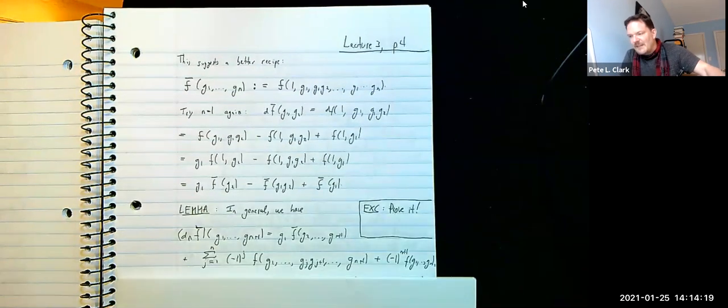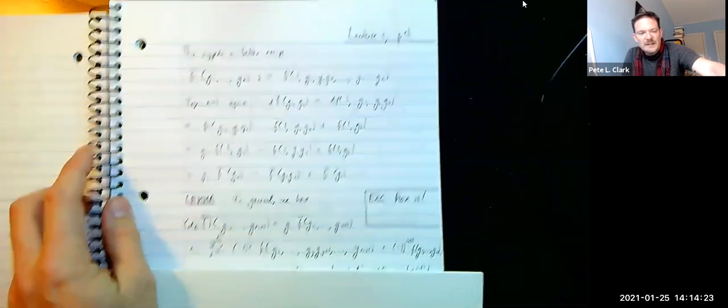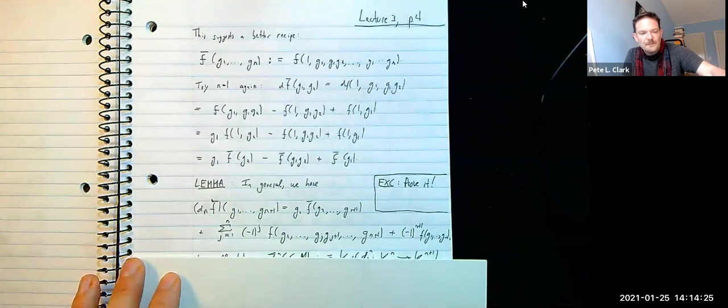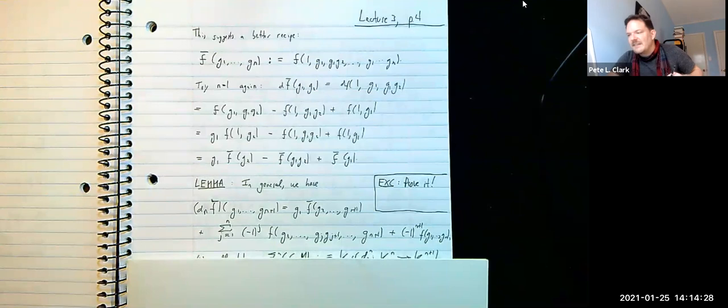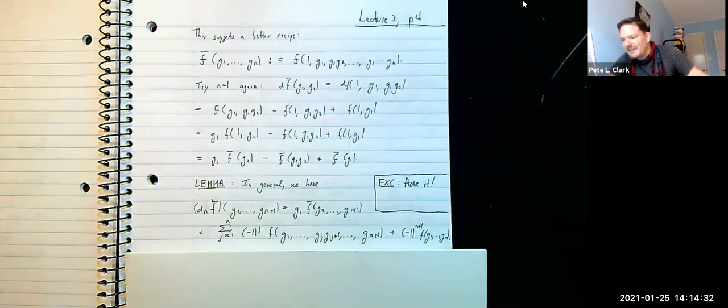Okay, and so the lemma here is that in general, this leads to the same. I just did the n equals 1 case. If I'm not mistaken, the case of general n is not really any harder than n equals 1. I just wanted to do a faster calculation.